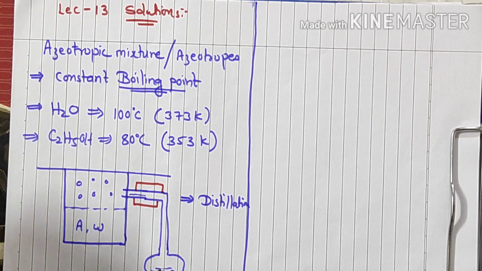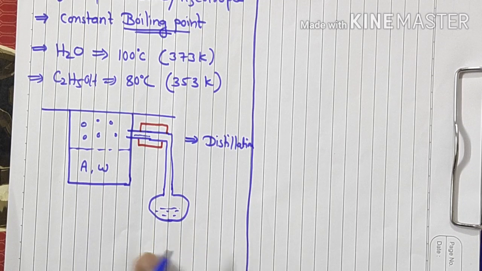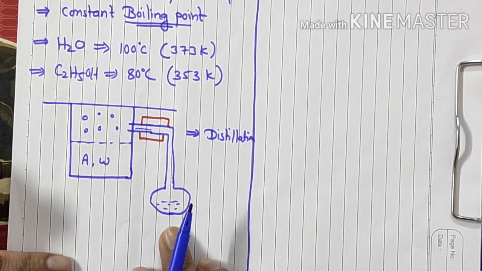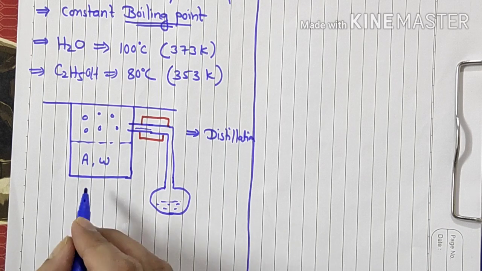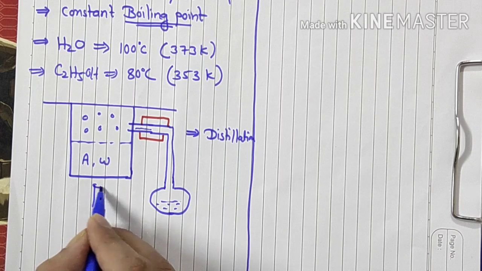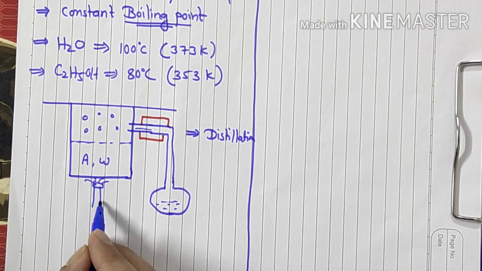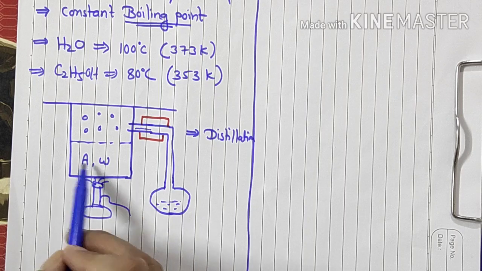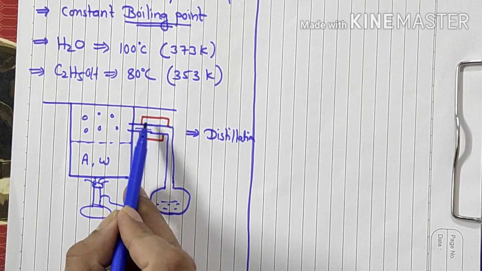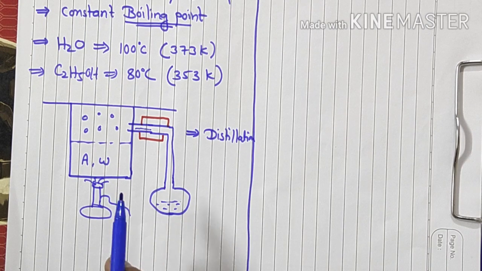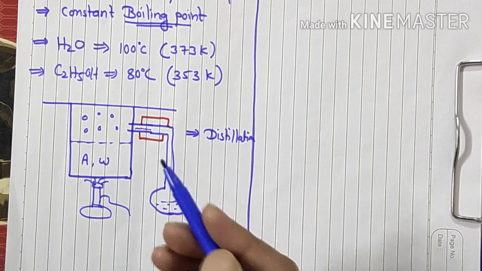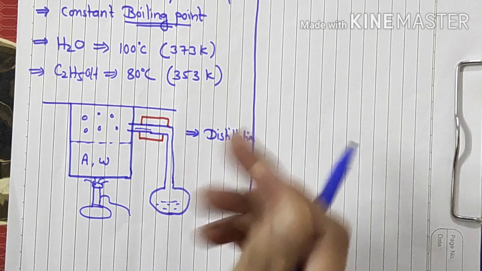Again, I'm repeating it since it was not visible. I have taken an alcohol and water mixture. Suppose I heat this, and vapors will be formed. I attach the condenser, the vapors condense, and I get a liquid here. Now the question is, I want to separate this water and alcohol, so I am doing fractional distillation.